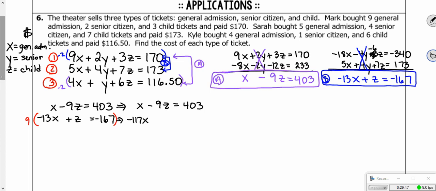-117x. And then plus 9z equals 9 times a negative 167, which is negative 1,503. I got some big numbers here.